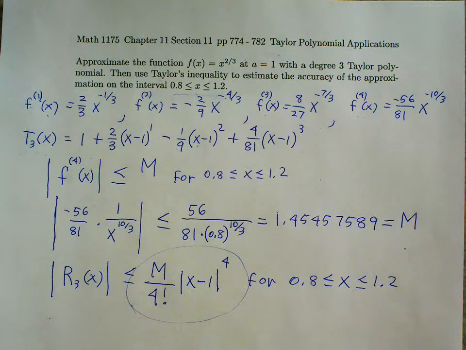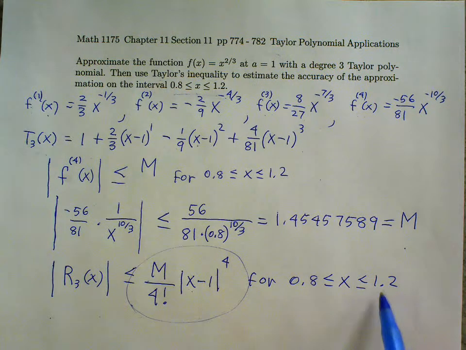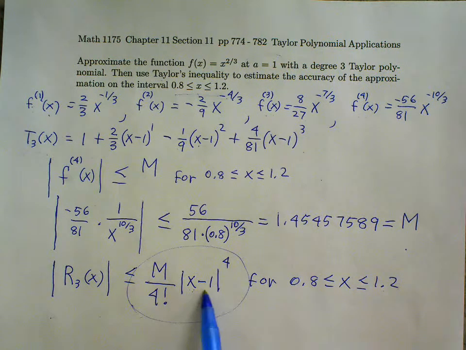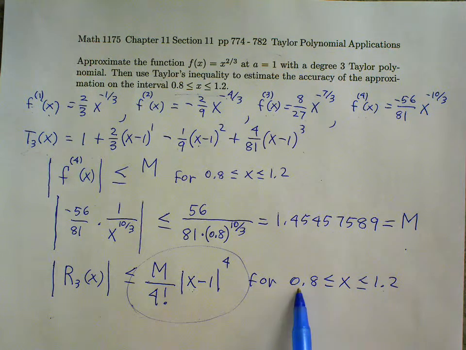Okay, we got an answer online, which is one of the correct answers. If we pick x to be 1.2, 1.2 minus 1 is 0.2. We could also pick the other endpoint because we have the absolute value of x minus 1. So either of the endpoints, but it's probably more straightforward just to use 1.2.